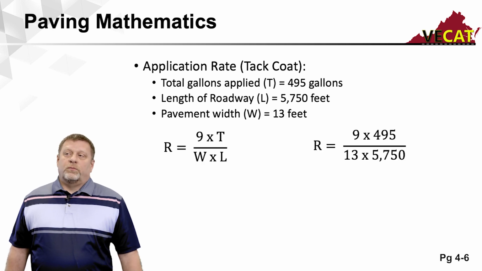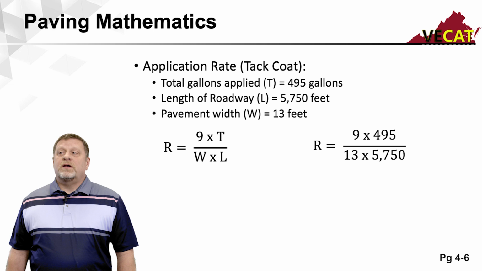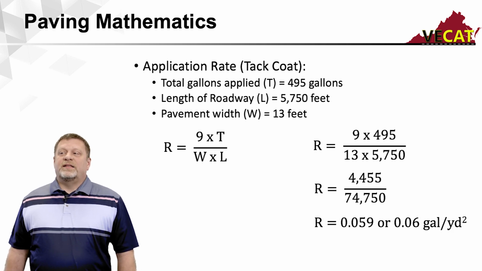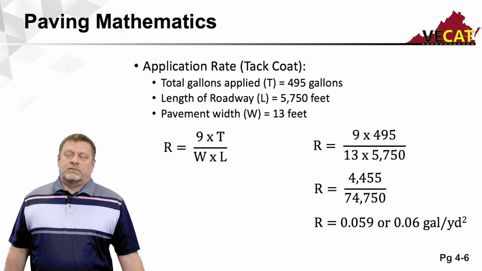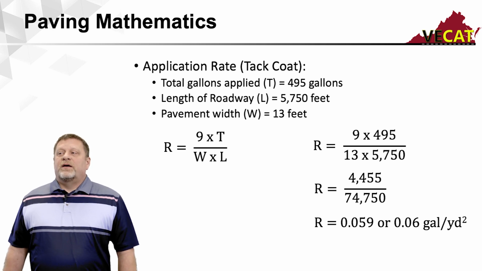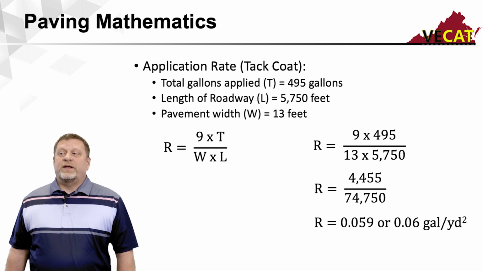Our formula, we've seen it before, but here it is again. We're dealing with gallons. We're going to plug our variables in. Then we're going to do our standard math, and we'll find that our yield, or our application rate for this tack coat with these units and variables applied gives us an application rate of 0.06 gallons per square yard.